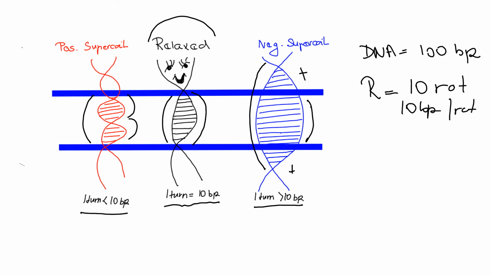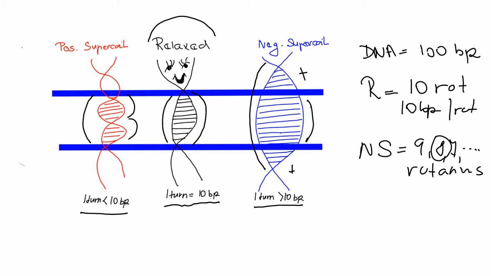Negatively supercoiled DNA would have less than 10 rotations. So it can have 9, 8, 7 or fewer rotations. If you divide 100 base pairs by, let's say, 8 rotations, you immediately see that you will have more than 10 base pairs per turn.